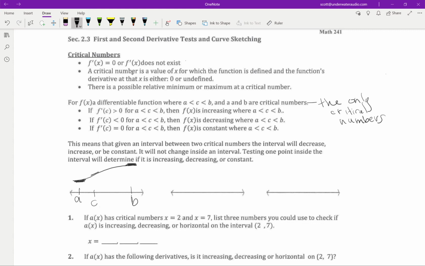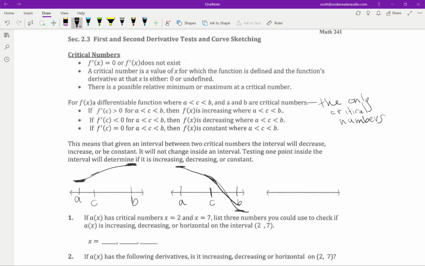So another possibility would be, let's say we've got an a and b, and again they're critical numbers, so we'll say horizontal slopes. And if you find a value like in the middle here, like a c, and at that value you discover that the slope is negative, then it has to be negative the whole time.